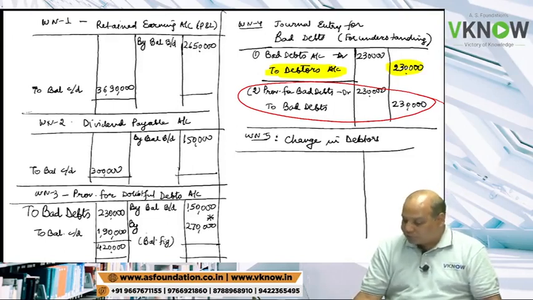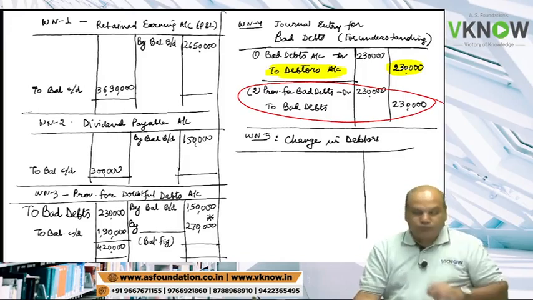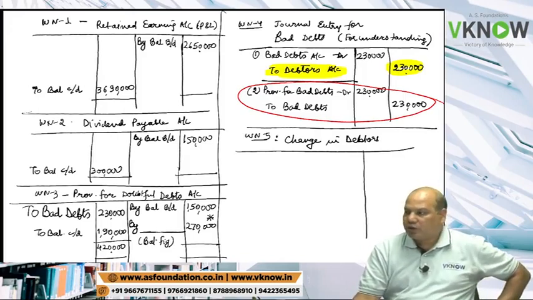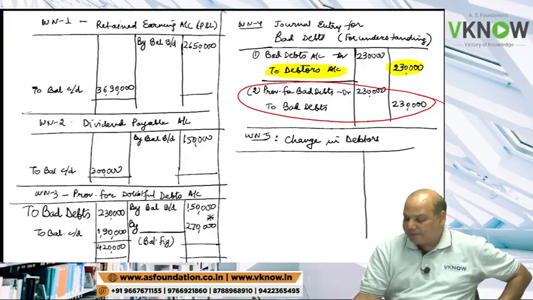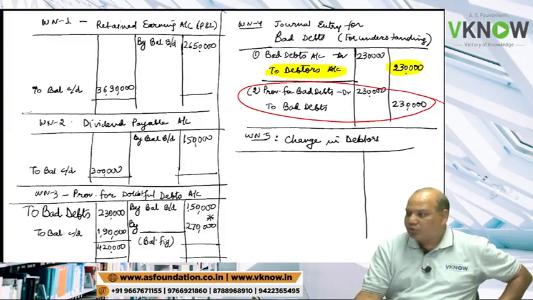The student will have to tell me which account you will transfer this to. In provision for doubtful debt, if the balancing figure is on the credit side, what will you call it?